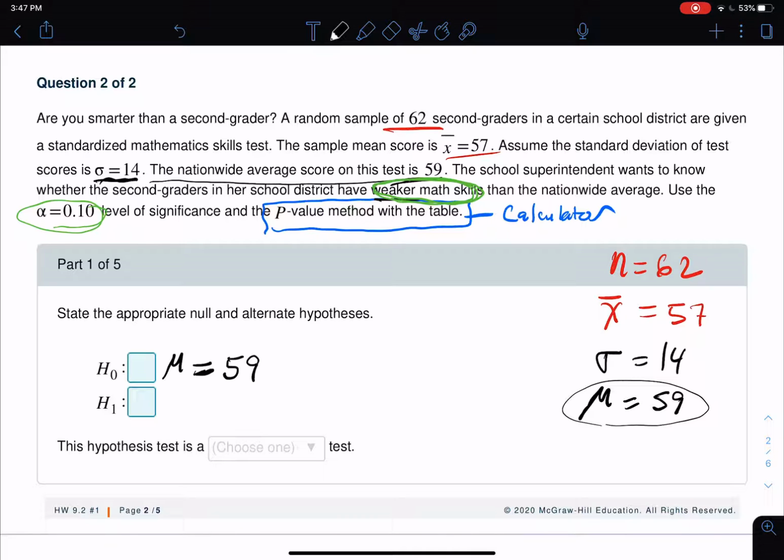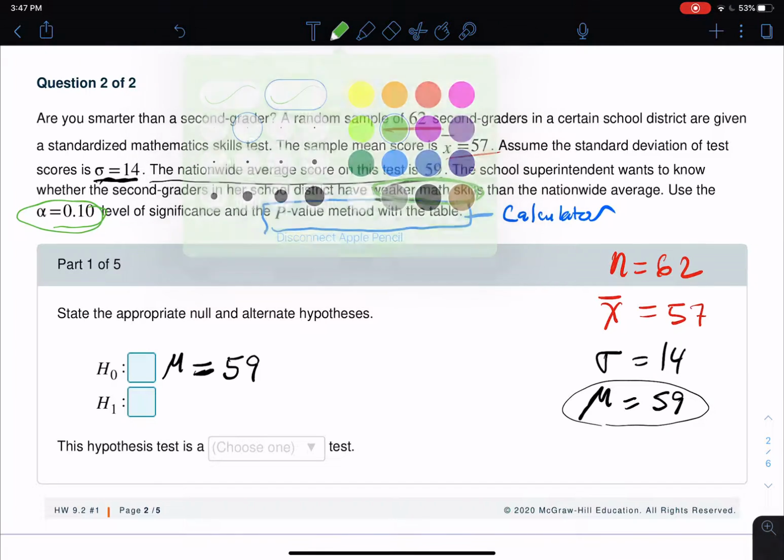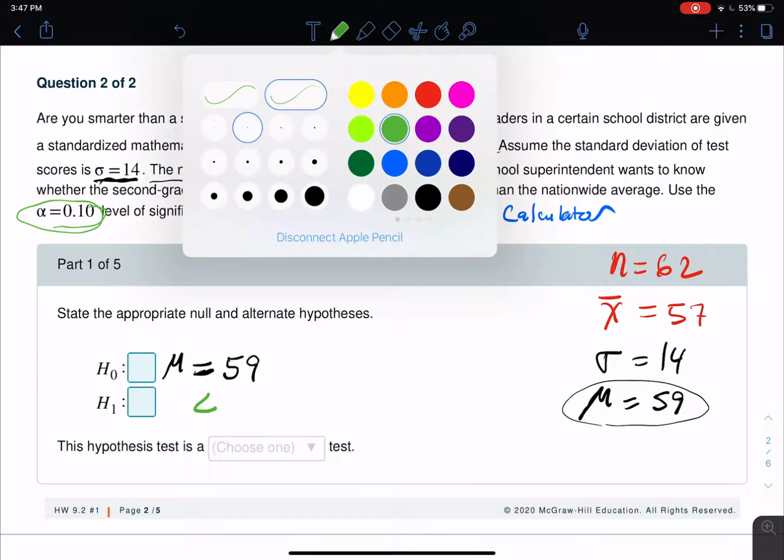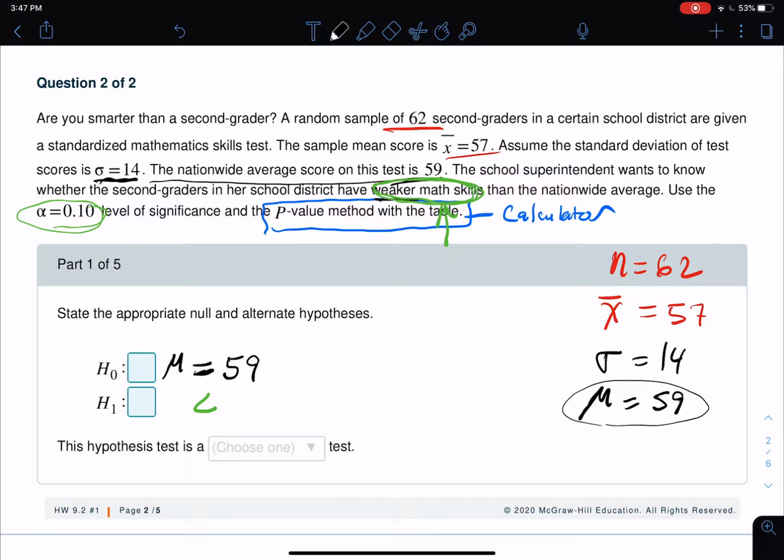And we know that because they said weaker, that sounds like a less than, doesn't it? So our H sub 1, which is our alternate hypothesis, is mu is less than 59. And because it's less than, it is a left-tailed test.